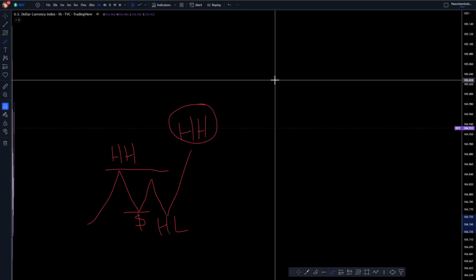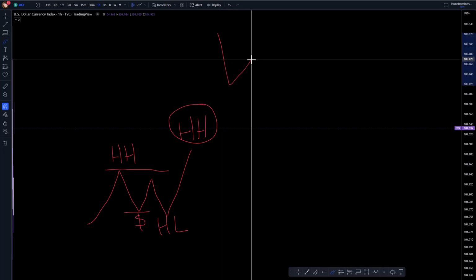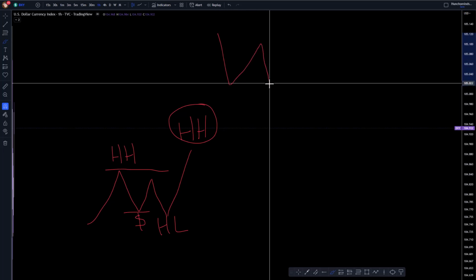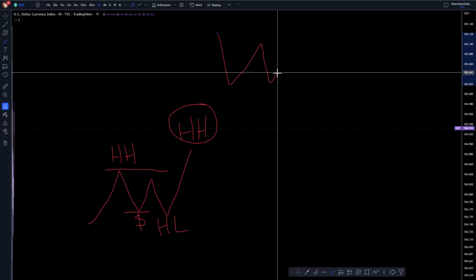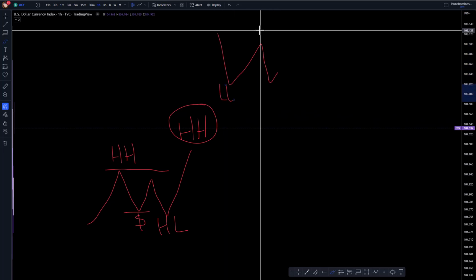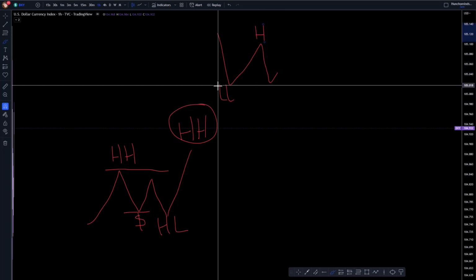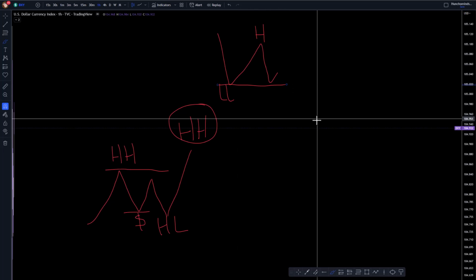So, we're going to have a bearish example. As we're coming down, creating a lower low, we're going to have almost a new lower low. This previous high has yet to create a new low.